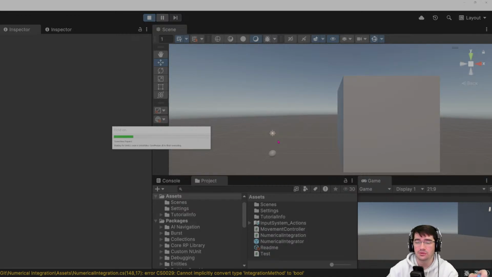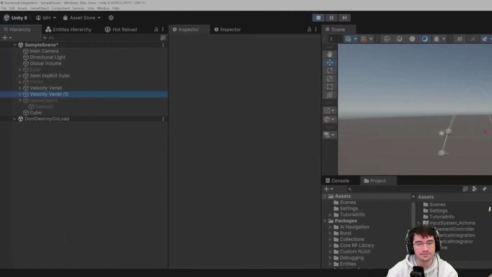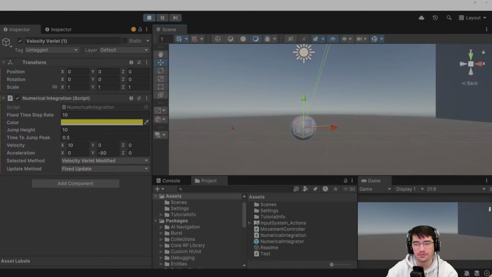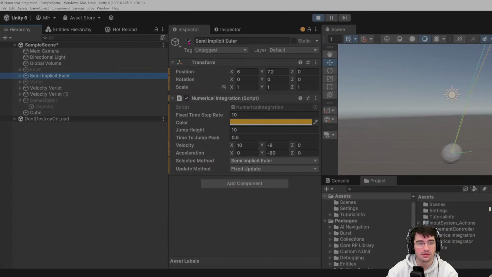Because that's what I was saying earlier. That's not helping. It's actually not moving at all.